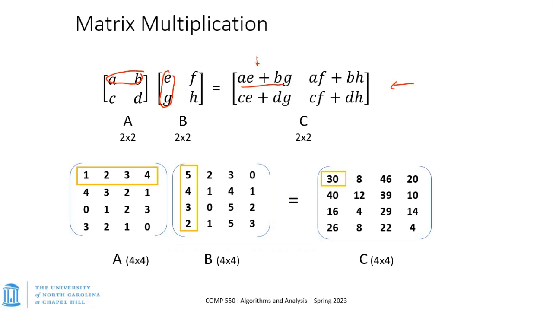And then we take A and B multiplied by F and H, and you get the second column of the first row, and so on. Okay. And similarly, you take the first row and multiply it by the first column, and that's how you get the first element of the matrix that we multiplied. Okay, so nothing new so far.